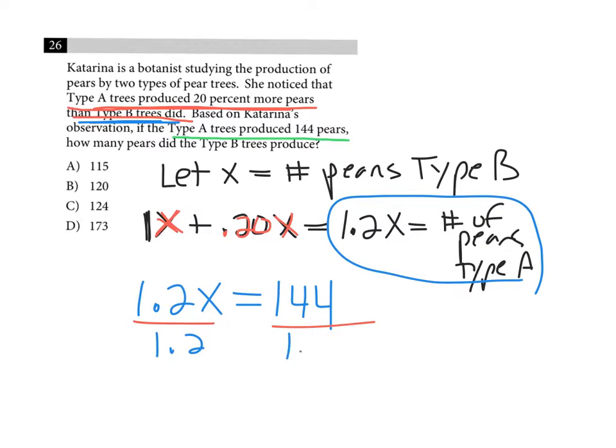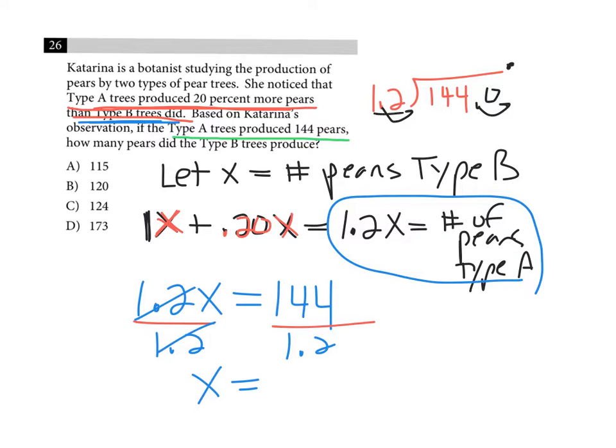And this is a section where you weren't allowed to use a calculator. So I have x equals, and if I divide 1.2 into 144, I'm going to take the decimal point and move it once to the right. So I'll have to add a 0 after 144. And then 12 goes into 144 12 times. That's 144. I drop down the 0, and there's my answer of 120. So x is going to be 120.